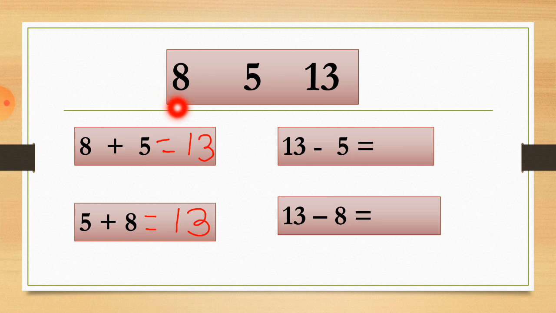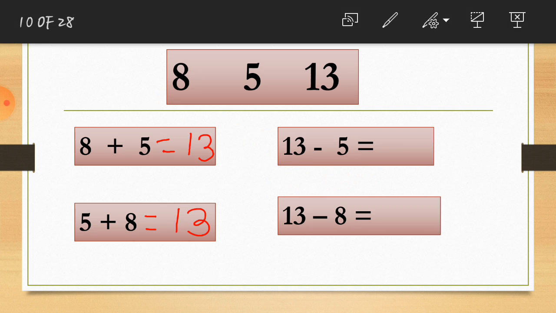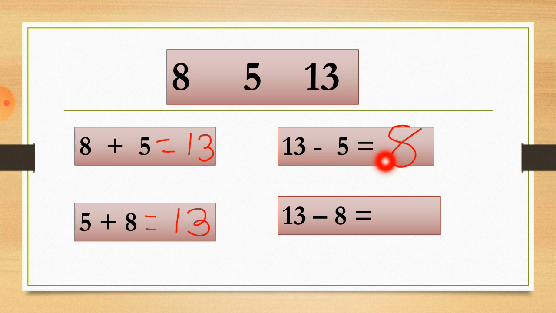This number is left, 8. So you can write 8 here, and whenever you draw 13 circles and cut 5 circles from it, you will definitely get this answer which I write here. You will get 8 circles after cutting 5 circles from 13. So this is the way you write down the answer in the family number.